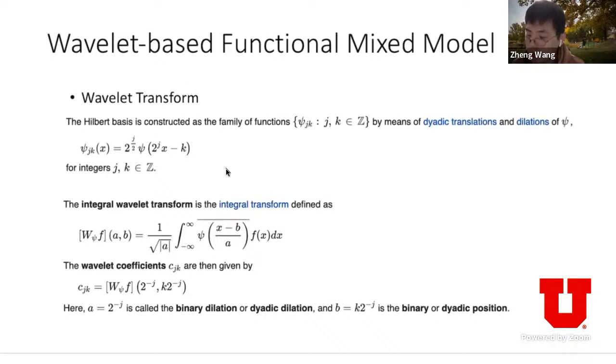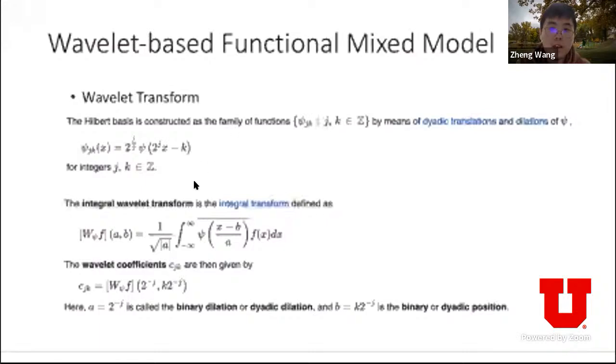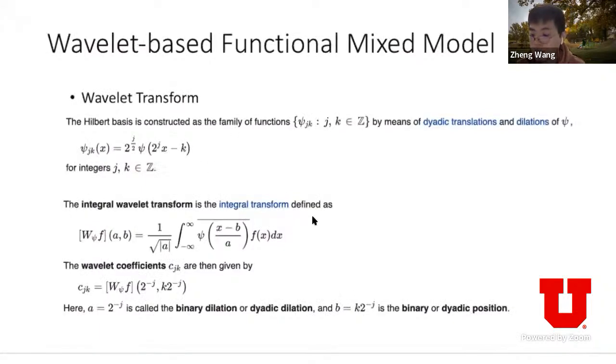What is orthonormal? Each basis is orthogonal to each other, and their norm is just 1. So they are unit bases, and they are orthogonal to each other.